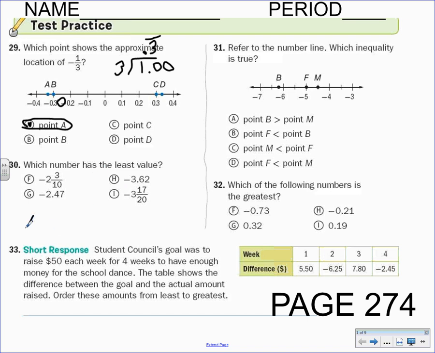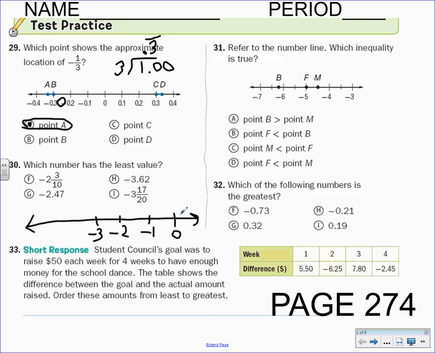All right, number 30, least value. Remember, in negatives, it's backwards, right? So if you start from 0, -1, -2, this is the order it goes in, right? Now, the closer you get to 0, the bigger the numbers are.